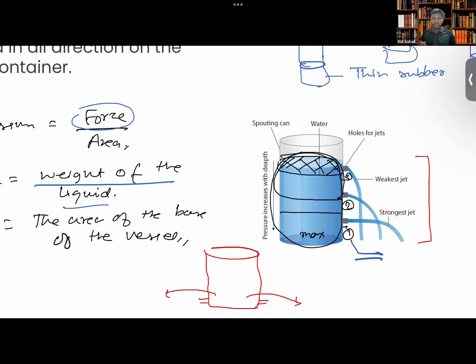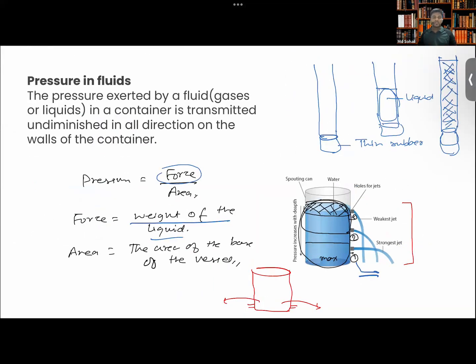The pressure of the jet will be the same, because liquids apply the same amount of pressure on all points. Getting it? And the pressure will increase with depth. So that is it about the liquids here.